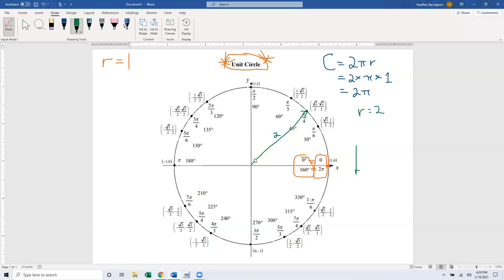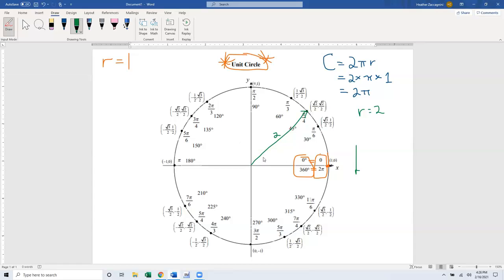circle was. Now, let's think about the degrees. If we change the radius on the circle, do we have more degrees? Did we double the degrees in a circle? Does it now go from 0 to 720 to go all the way around? Well, no, right? No, absolutely not.